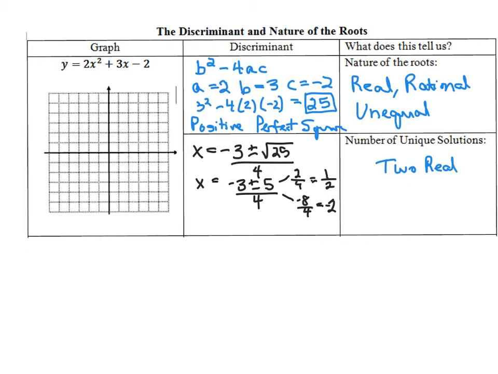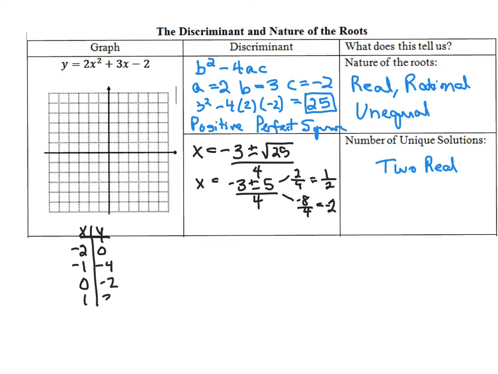Now, if you'd like to, you can take out your graphing calculator to help you graph this parabola. I'm going to make a table of values. Using my calculator, I see some of the important points on here. Negative 2, 0. Negative 1, negative 4. 0, negative 2.